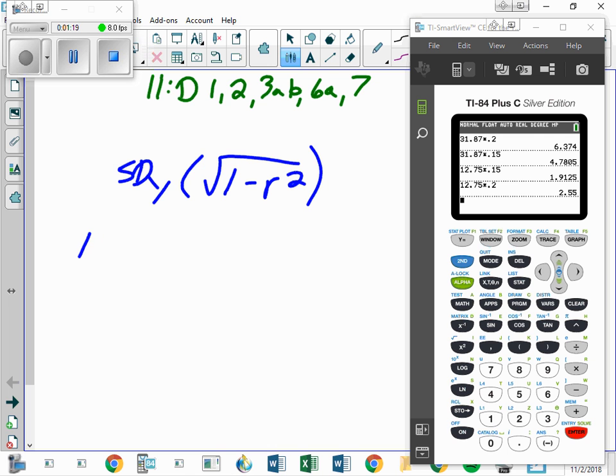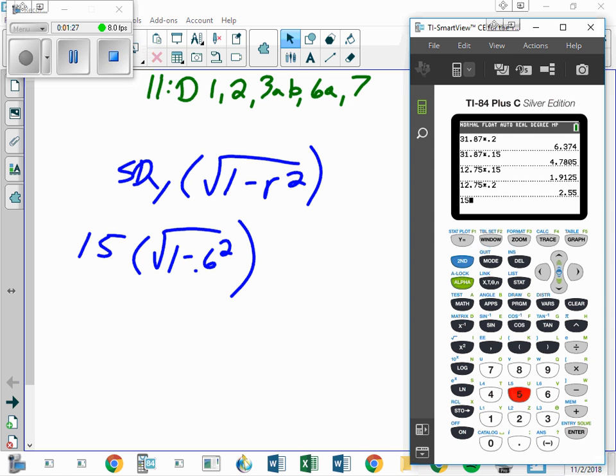So my SDY is 15 times the square root of 1 minus 0.8 squared, and I get 9.